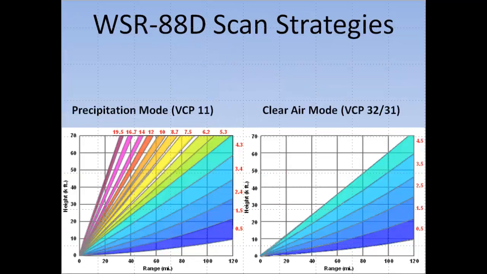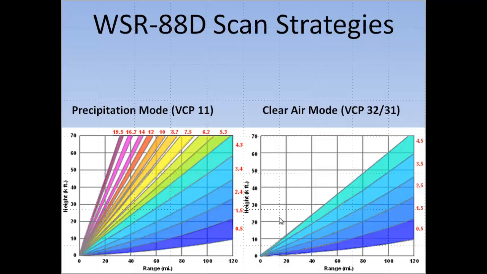Here are a couple of examples of scan strategies that the WSR-88D uses to actually scan the volume of the atmosphere. For instance, on the left here, precipitation mode will actually use 14 different elevations with the antenna going through complete rotations through each elevation in this scan strategy to get you a 3D picture of the atmosphere.